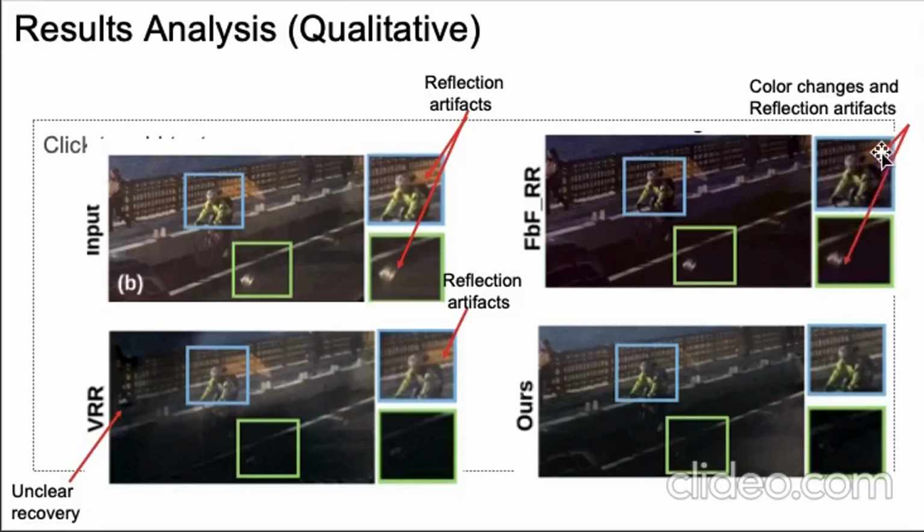We can also see some reflection artifacts in the separated background layer. Using the VRR method, we also see some reflection artifacts, and we see some unclear recovery of the background layer. However, our approach shows the best separation out of all of them.